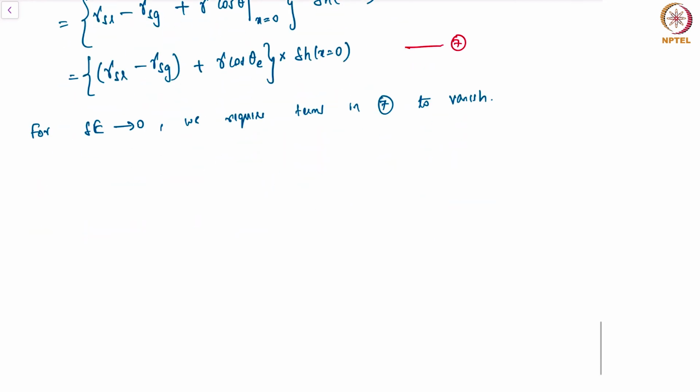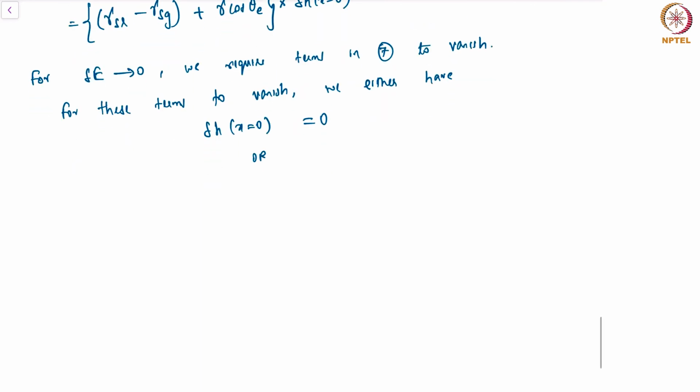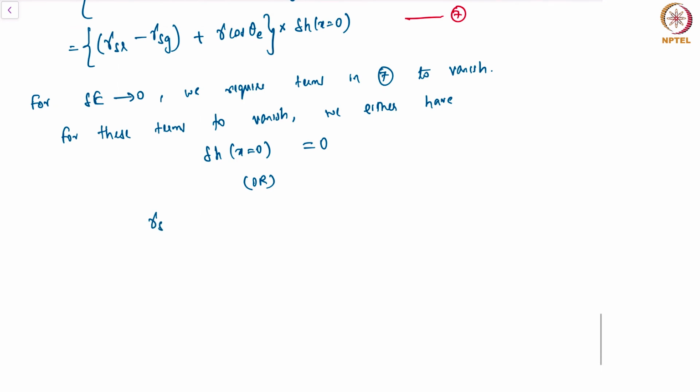Now, for these terms to vanish, we either have delta H at x equal to 0 to be 0, or gamma SL minus gamma SG plus gamma cos theta E is 0.